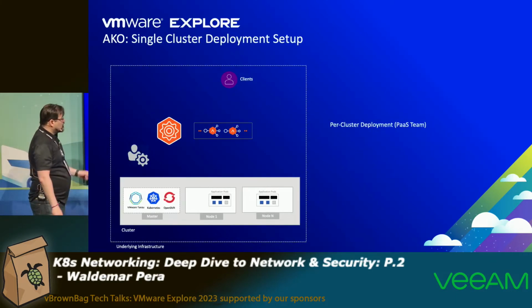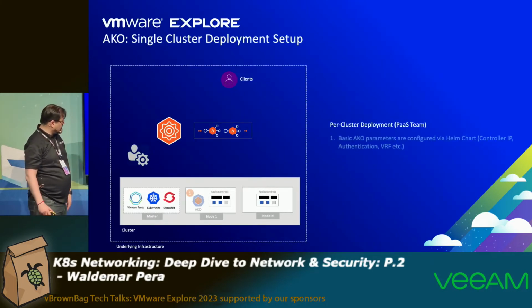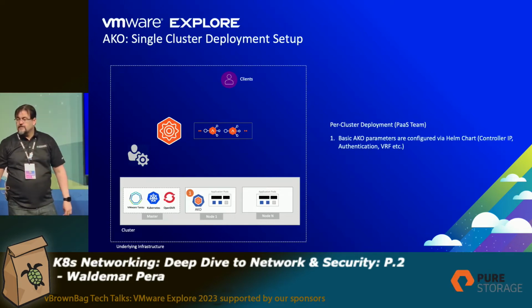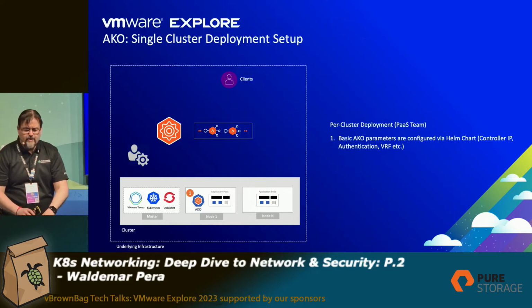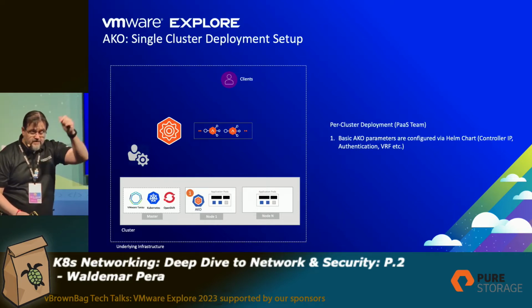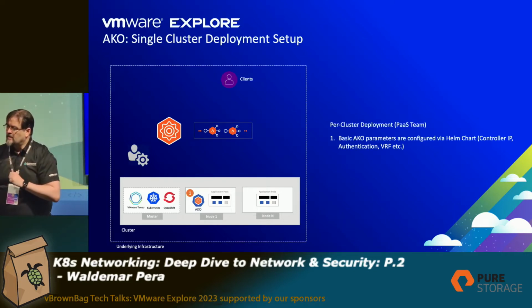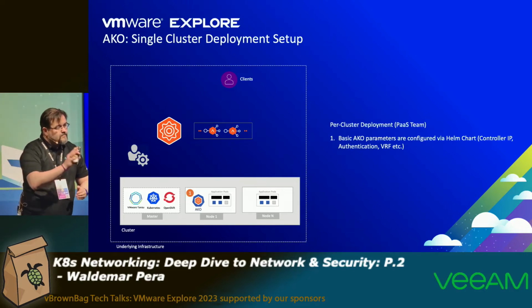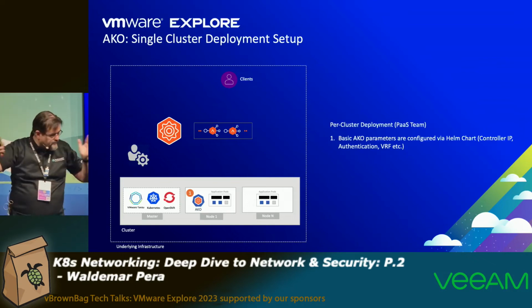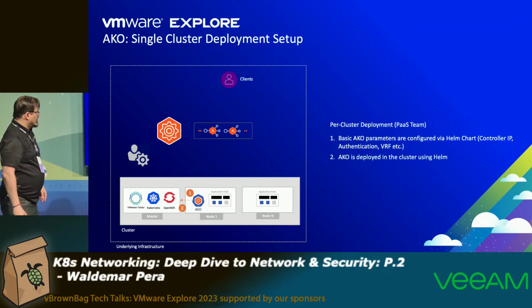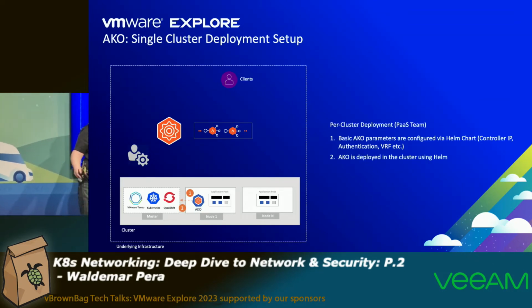Then you talk with the people who handle Kubernetes, and I create the installation for my operator. What is included in the operator? In the operator, you say that is the AV controller, that is the service engine group, and you get the information to connect to the infrastructure and start to see what happens. And with that, you deploy.